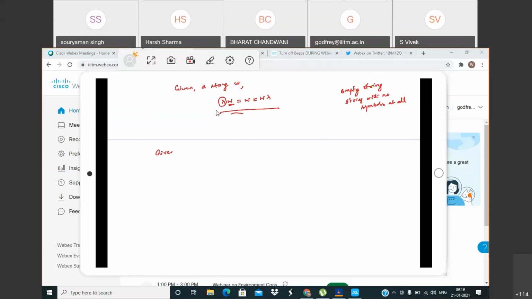Given a string W, if W is formed of two parts, say W is equal to V and U, then V is a substring of W and U is a substring of W. Now, we can say that V is a prefix of W, and U can be said to be a suffix of W.